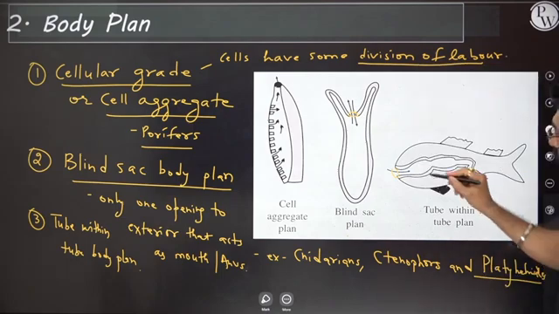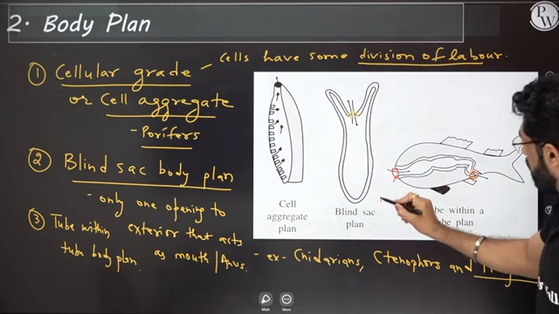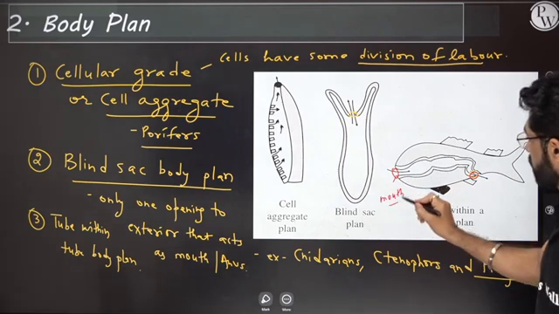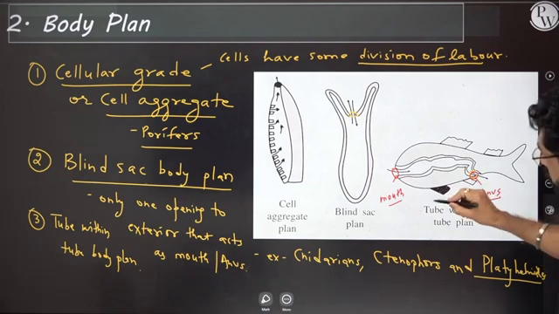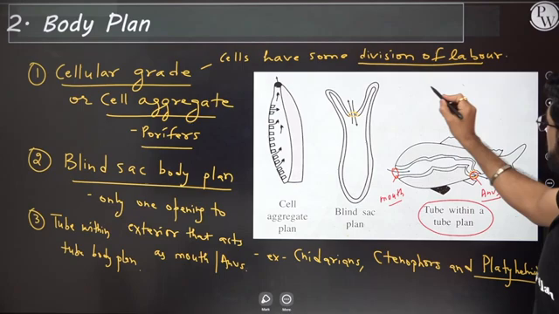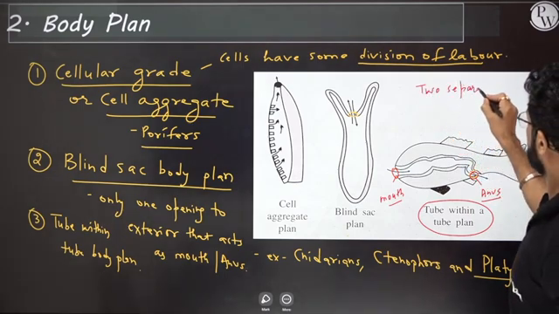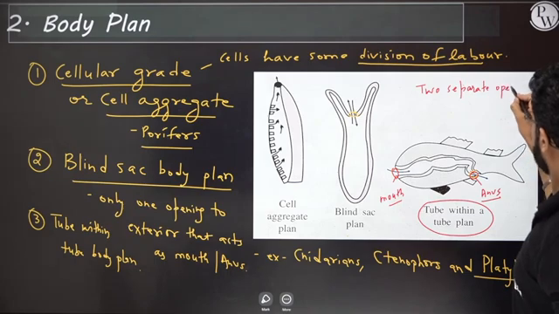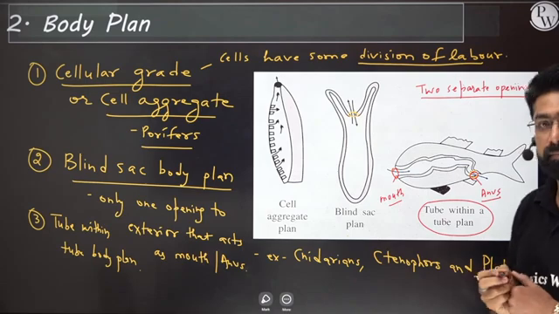This is the mouth here, and this is the anus here. So you can write here mouth, this is one opening here, and this has the anus. So two separate openings are present in tube within tube body plan.